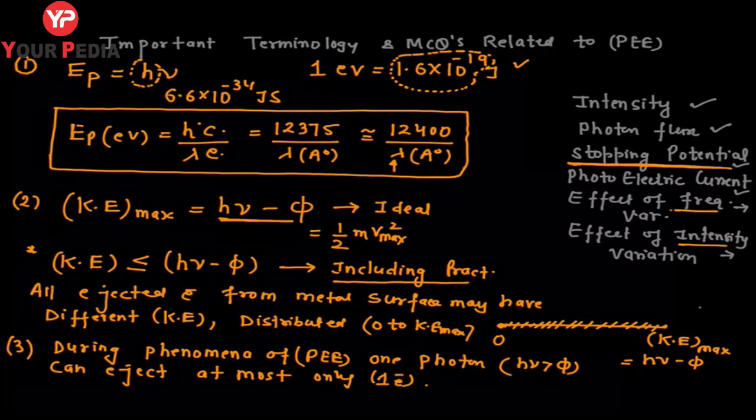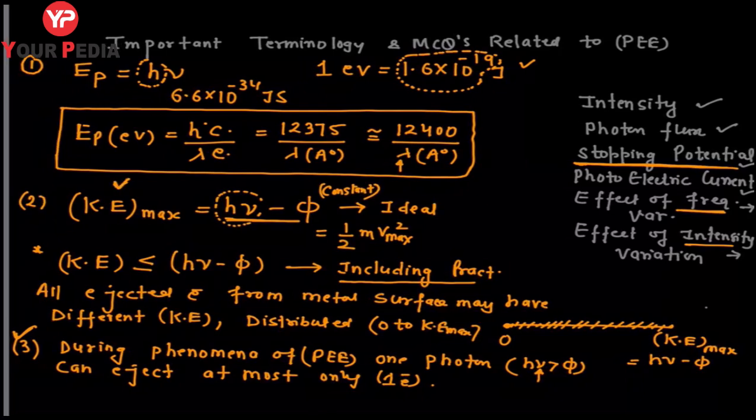Now see student, someone says, sir, I have told you the effect of frequency variation. Sir, if I increase this frequency, will the number of ejected electrons increase? No, you can see directly from here. What will increase then? This factor will increase. For a particular metal surface, work function is constant, so obviously your maximum kinetic energy will increase.